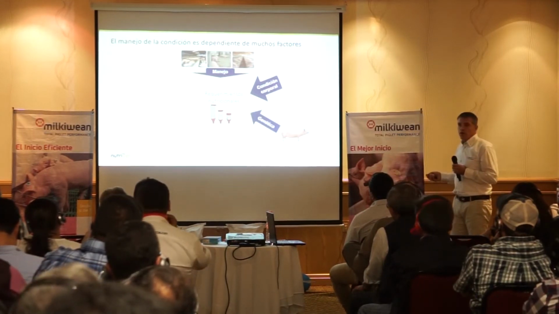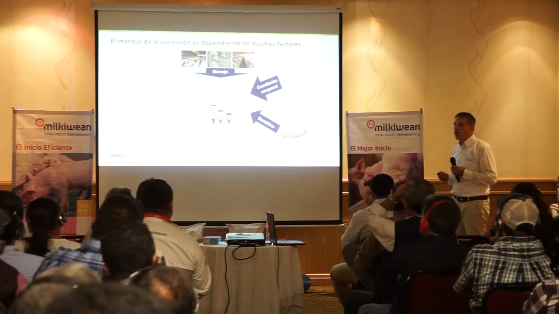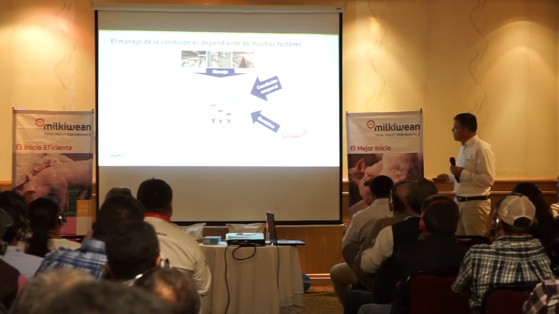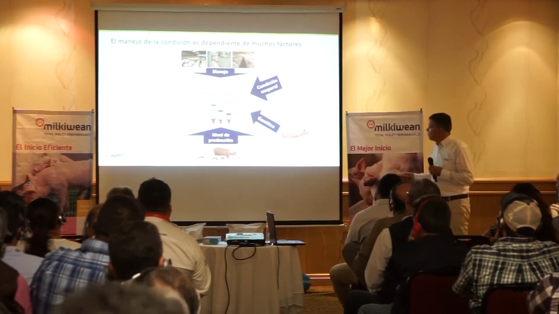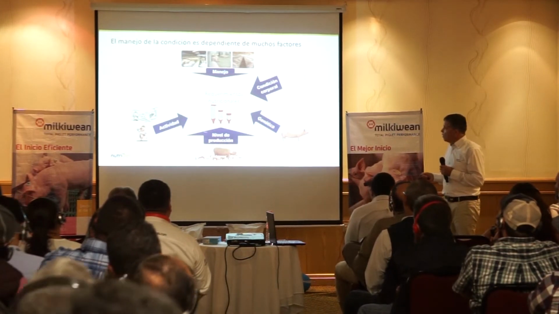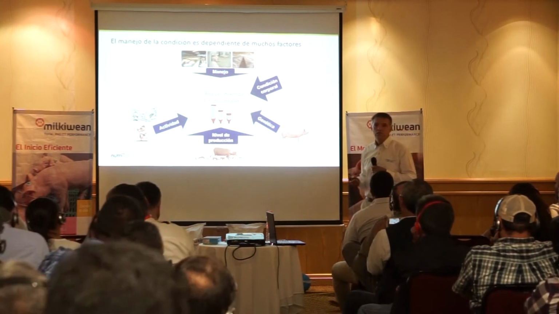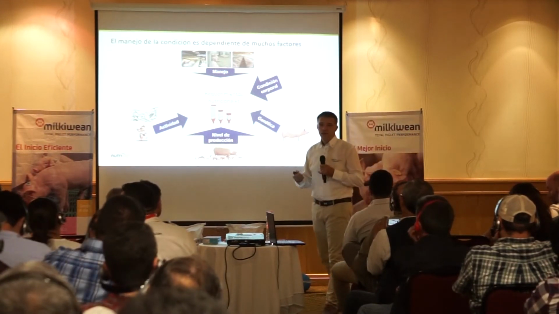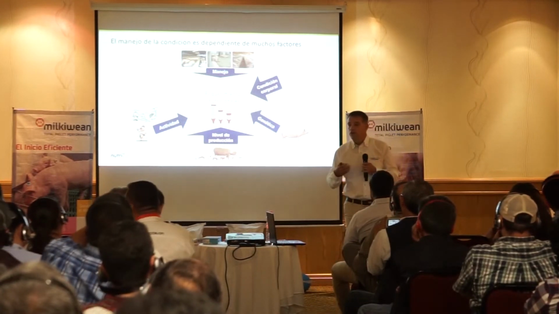The genetics, so every genetic has its own optimal body weight and backfat thickness at farrowing. Of course, the production level, we have many piglets or fewer piglets. The activity of the sow during gestation, is the sow active, is the sow standing a lot, or is she very, very quiet?